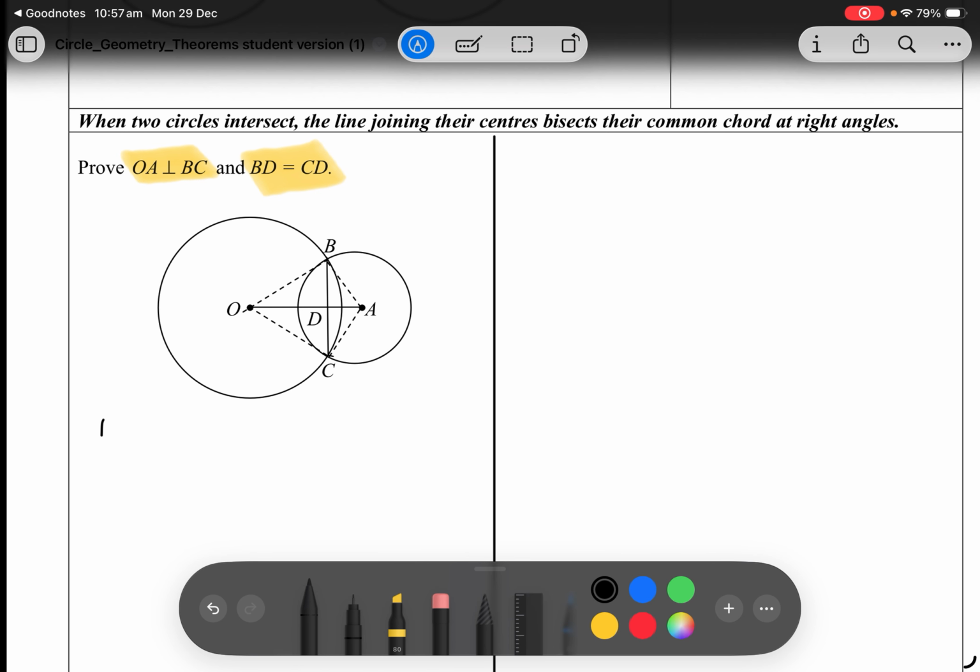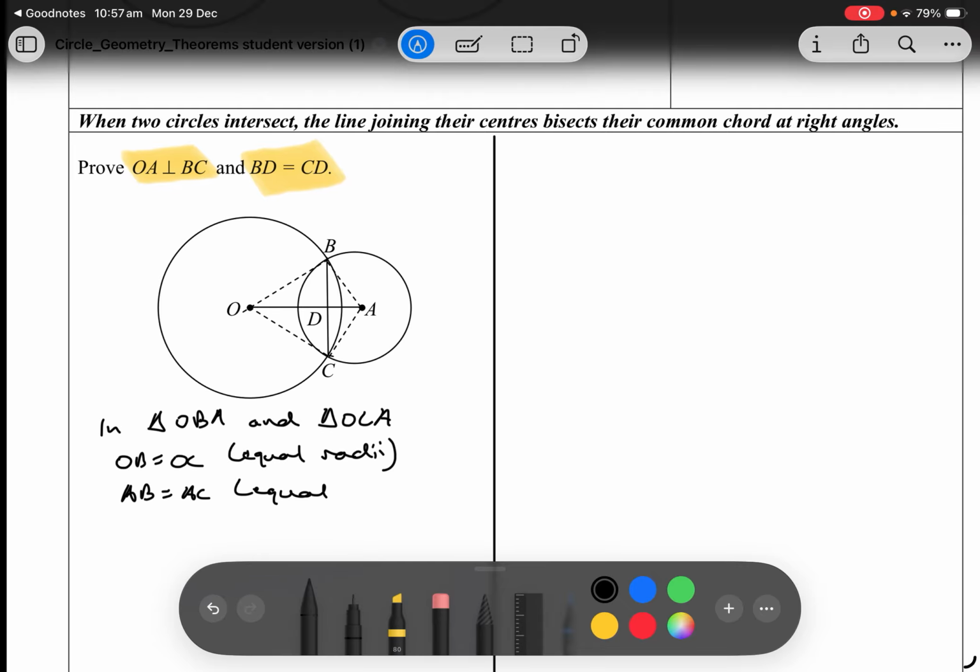So I'm introducing these ones. So in triangle OBA and triangle OCA, we know that OB equals OC. These are equal radii. We also know that AB equals AC because they have equal radii as well.